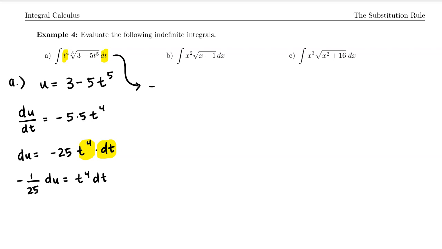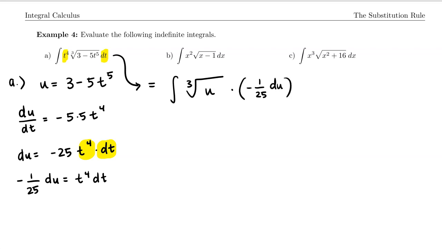So this is equal to the indefinite integral of the cubed root of u. I'm replacing that entire thing with u. And then t to the fourth times dt is getting replaced with negative 1 over 25 times du.